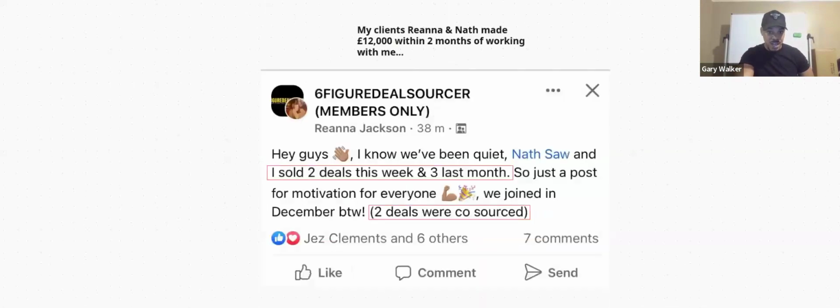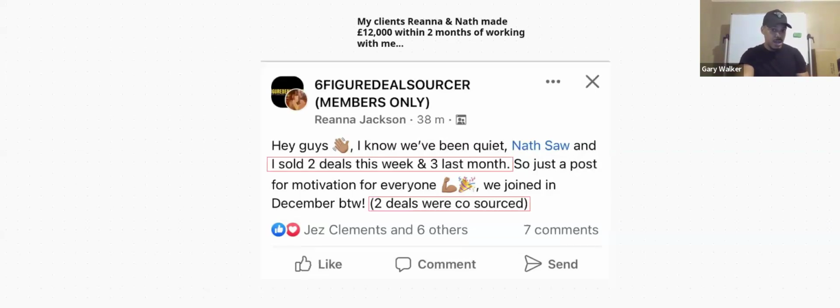We also had Rihanna and Nath. Another really good example. This is a young couple that joined the program together. They're partners in their business, but also a couple. Although they didn't start from ground zero, because they had their company set up and were trying to get things up and running, they weren't actually selling deals yet.